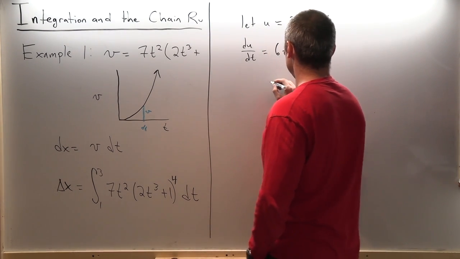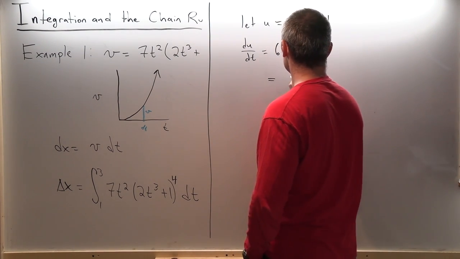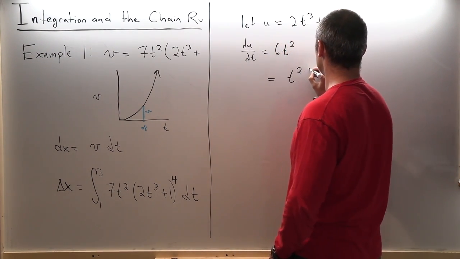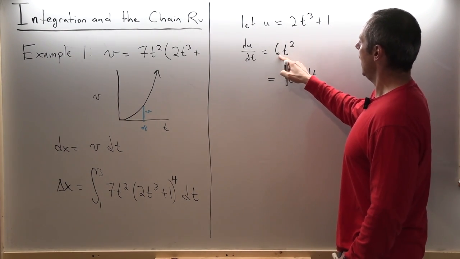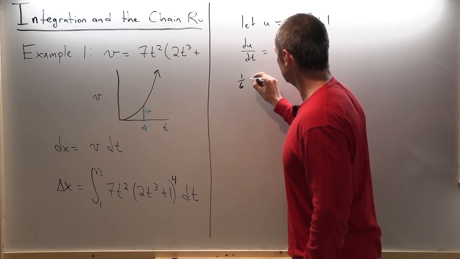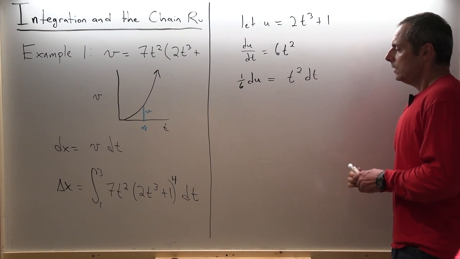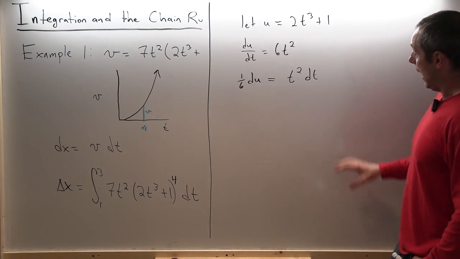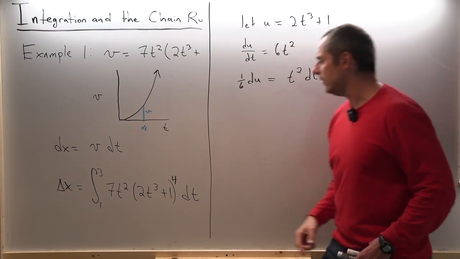So I can do that and say, by moving this dt over here, I've got t squared dt over here. And then I'm going to move the 6 to the other side and have 1/6 du. Okay? So now I can get rid of this and the t squared and the dt together.